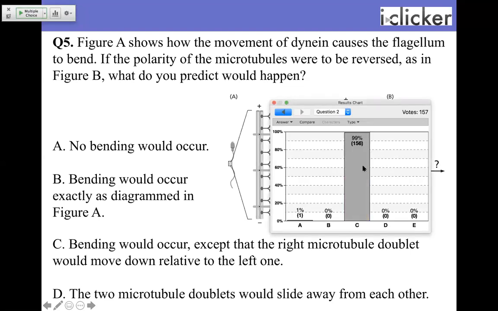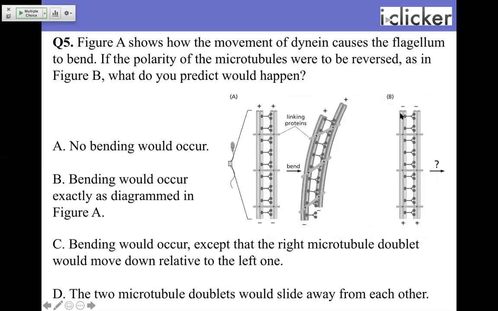And the correct answer would be C. If we're really just looking at our doublets where we have the minus end up, then in the presence of ATP, all the dynein motor protein, the ATP binding heads would be walking in this direction, right? Walking towards the minus end of the right hand doublet, which would result in bending towards the left, right?